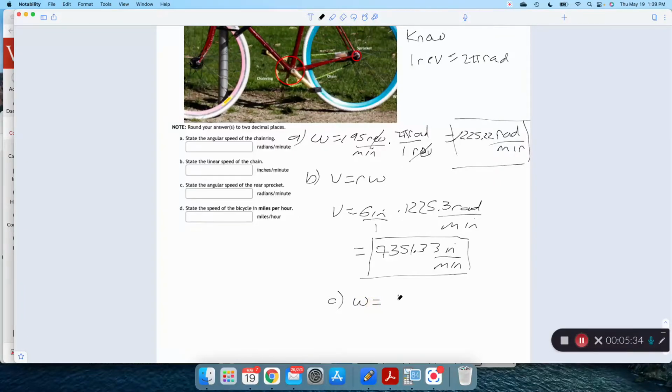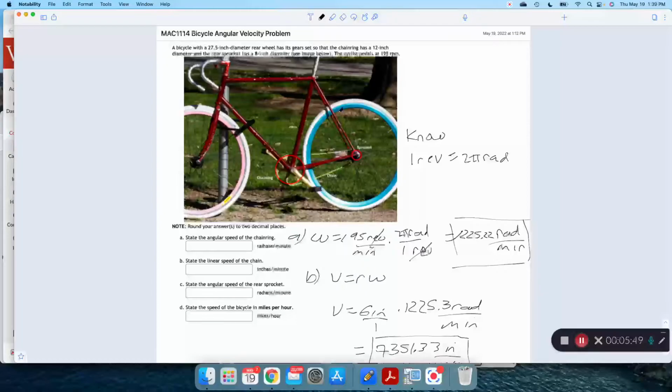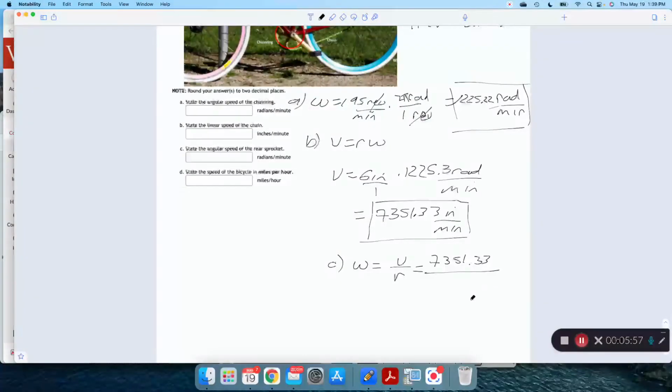Omega is V divided by R. I already know the V, divided by the radius of that back sprocket. It was an 8-inch diameter. That's the diameter. So the radius would be 4 inches.